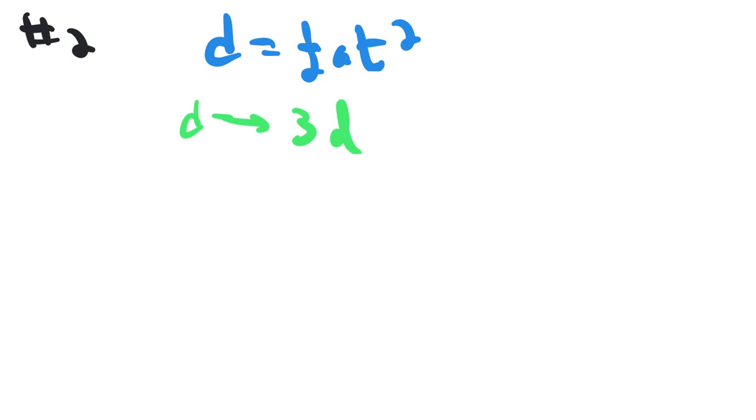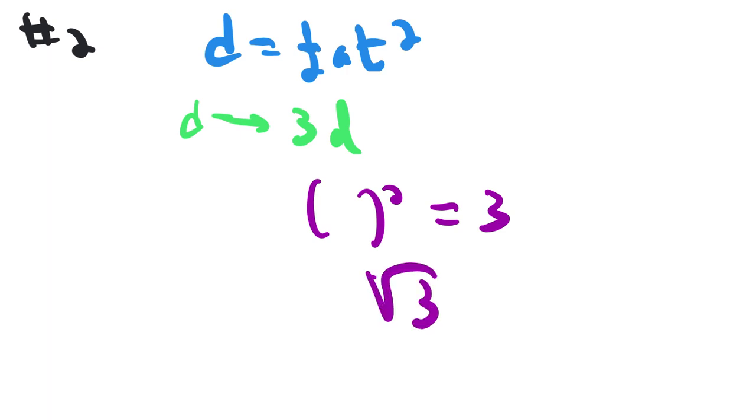And the question is, what can I do over here that gives me a factor of 3? Well, I'm not allowed to change the acceleration, so I've got to change t squared. So I'm looking for the effect that has to square to 3. So the effect has to be root 3, meaning that the time has to become root 3 times the original time.